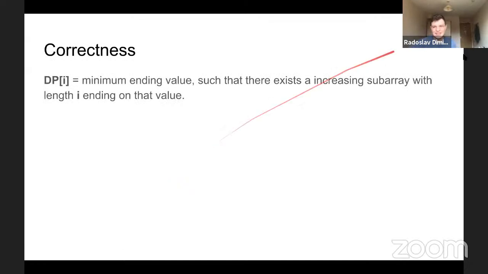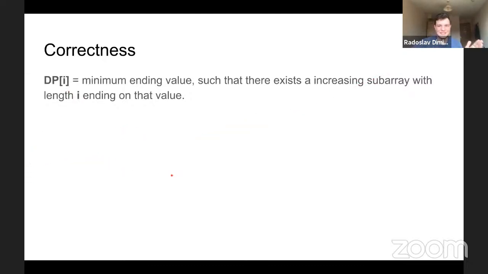So basically, DP will be the minimum ending value such that there exists an increasing subarray, actually a non-decreasing subarray, because we can also have less than or equal values, such that its length is equal to i and it's ending on the value DP of i.